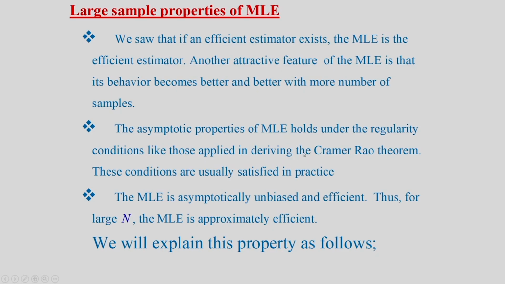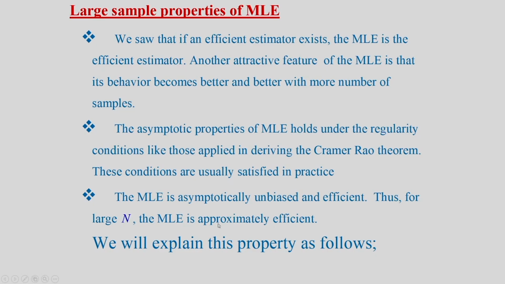We will not discuss those regularity conditions, but these conditions are usually satisfied in practice. The MLE is asymptotically unbiased and efficient. This is a remarkable property. Thus, for large n, MLE is approximately efficient. Asymptotic property means as n tends to infinity. Therefore, when we have large n, MLE is approximately efficient.